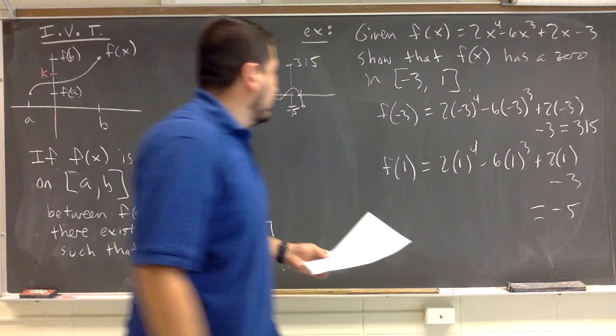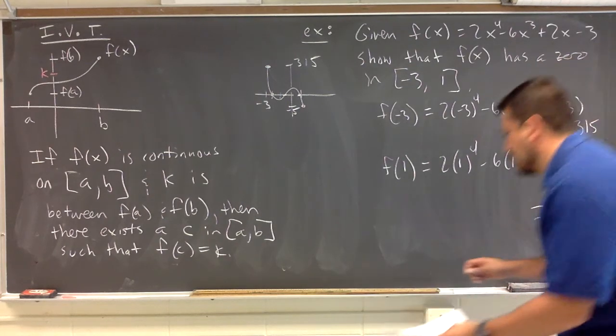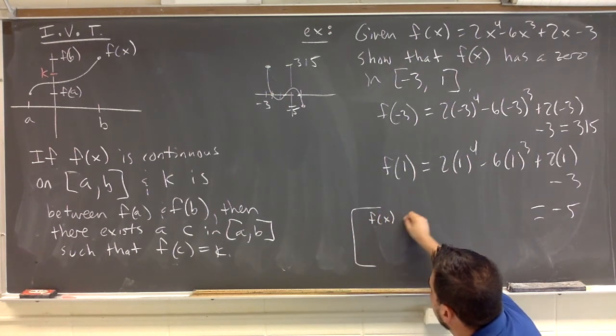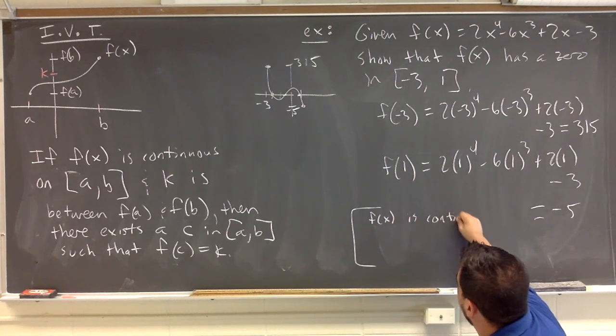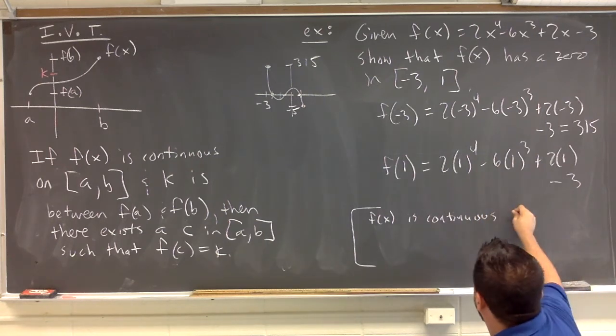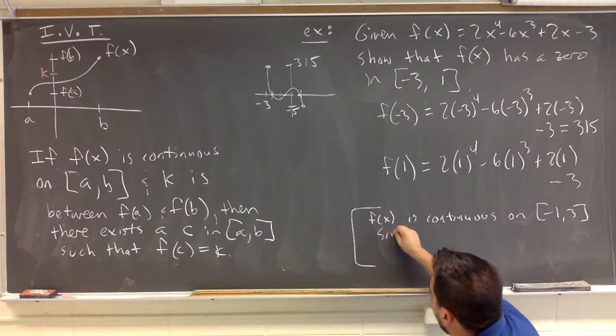But all we're asked to do is explain why there has to be at least one c value in that interval, and I think we've done it. So let's recap. Here's the explanation. f of x is continuous on the interval from -3 to 1, since it's just a polynomial.